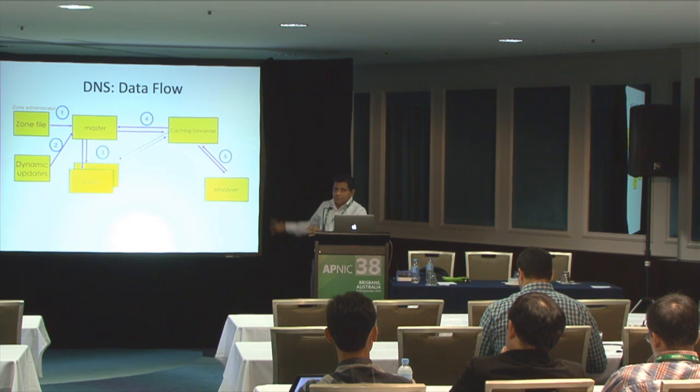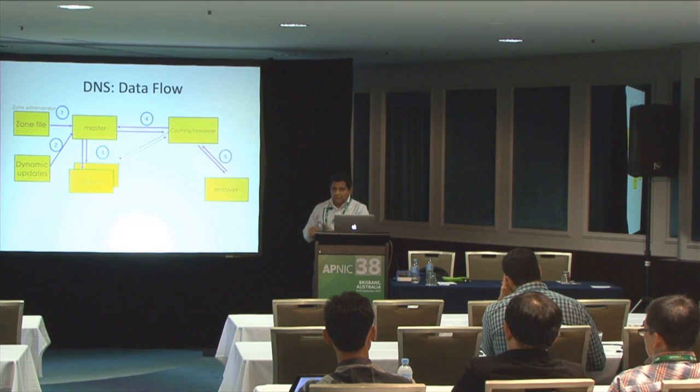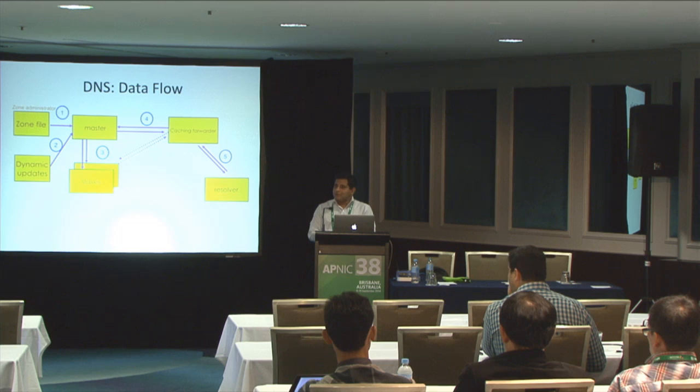Now, there are a number of those here. If you really think about where I'm not safe, we have writing zone files, we have dynamic updates, then we have zone transfers between primaries and secondaries. Then these caching or recursive name servers talk to these primaries and secondaries, and then we have clients talking to caches.